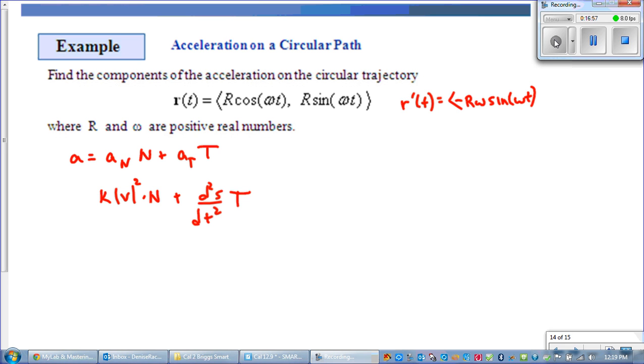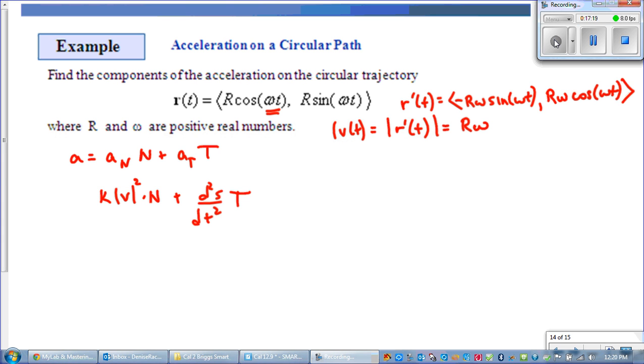Don't forget the chain rule since we have omega there, it's composition. And then we have r omega cosine of omega t. So the magnitude of r prime, which is our v of t, will simply be r omega.